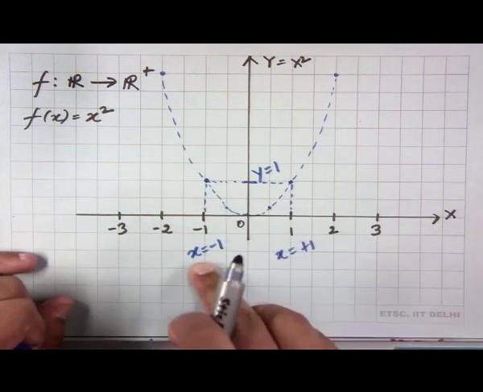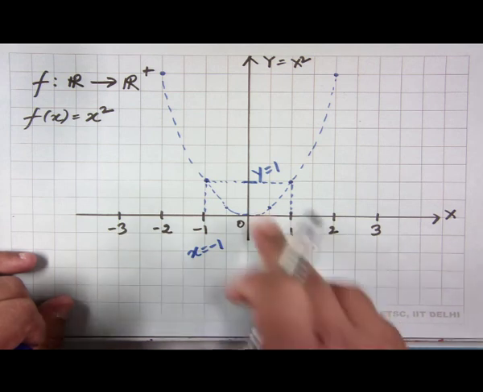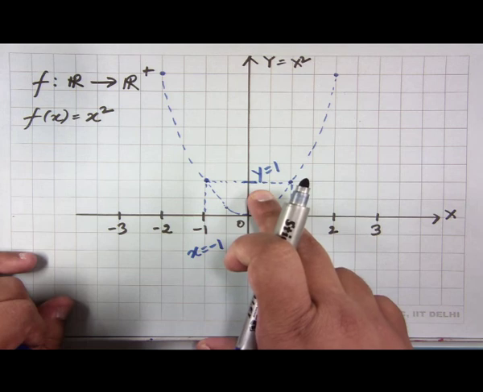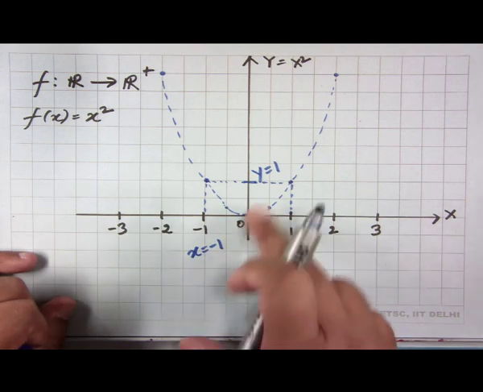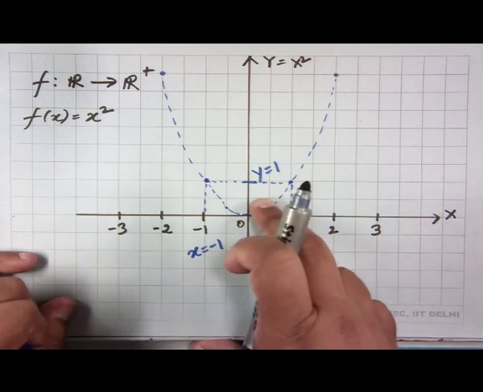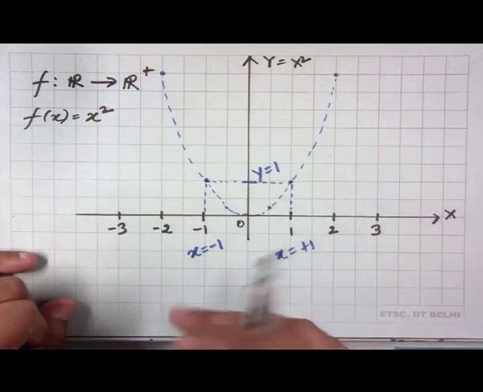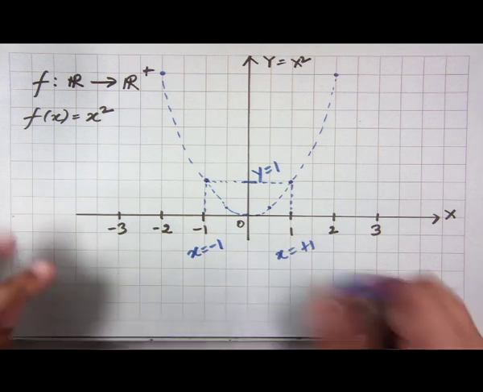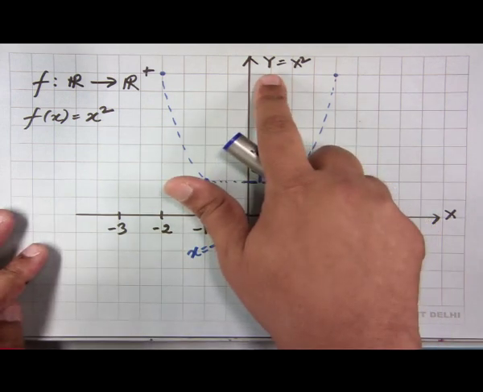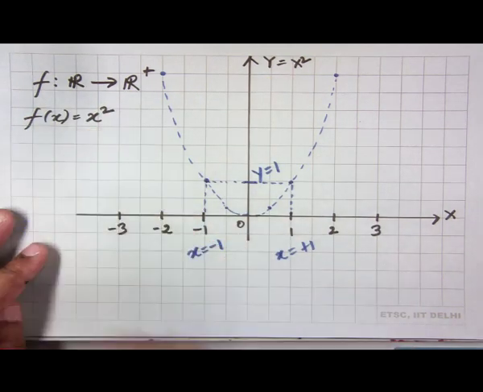For both x equal to -1 and x equal to +1, we get y equal to 1, and therefore, again there is no unique x such that f x equal to x square is 1. Therefore, to define the inverse of this function f x equal to x square appears difficult.